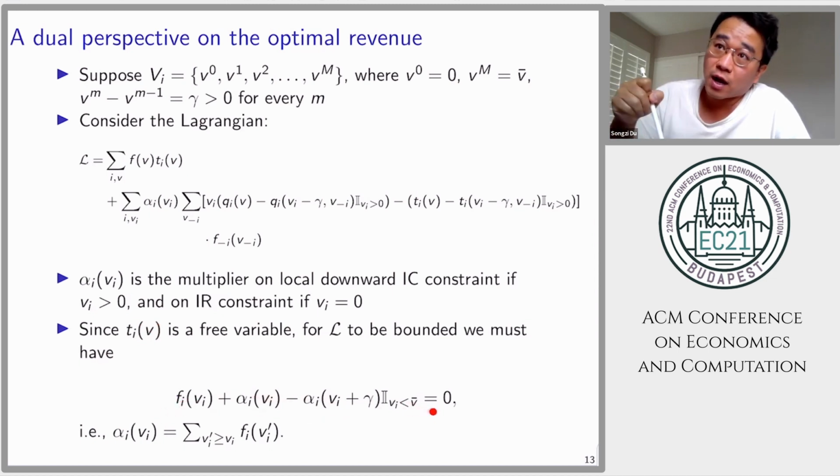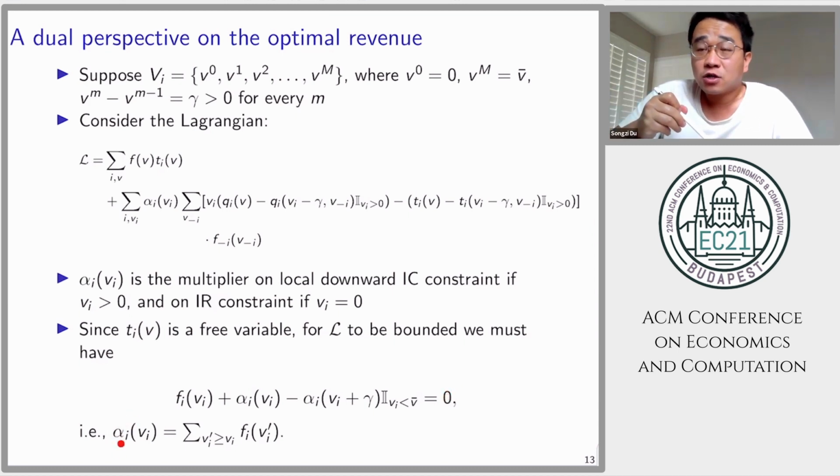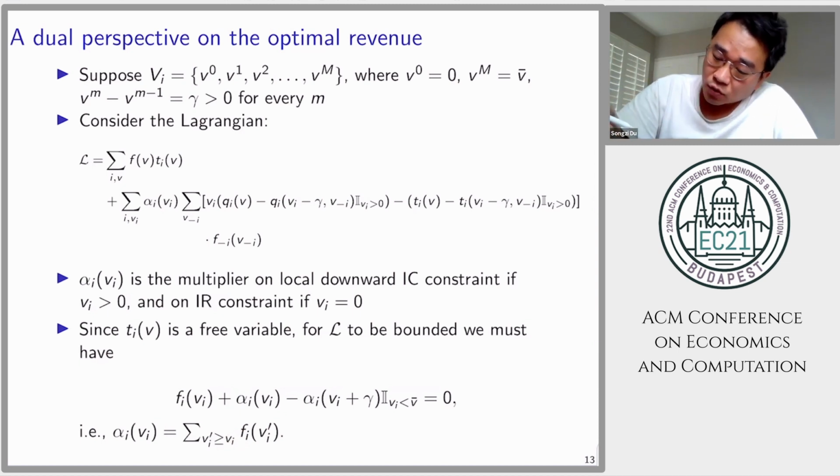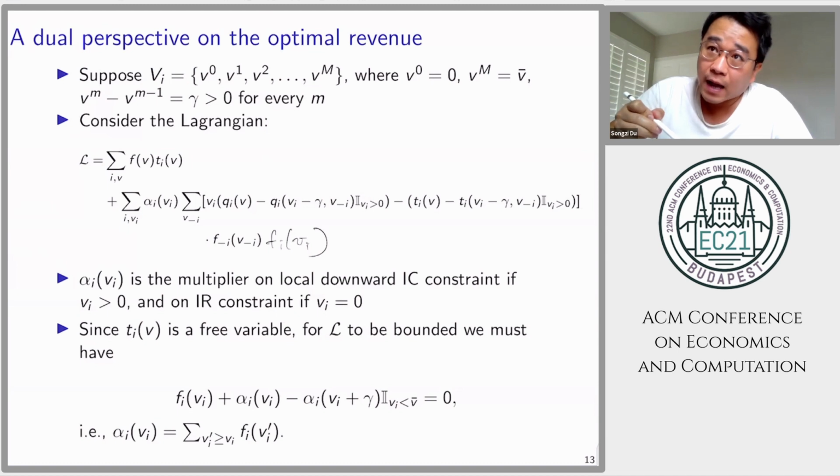I have written out here the coefficient for Ti in this Lagrangian, and that coefficient must be 0. This suggests that the optimal multiplier for the local IC constraint must be just the probability that the value is bigger than or equal to Vi. In this formulation, sometimes people write the interim probability, but sometimes people write the ex ante probability, so we just multiply by F, the probability of type Vi.